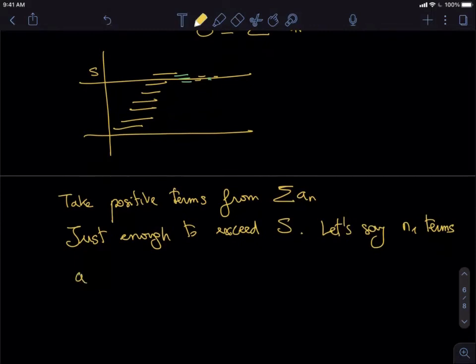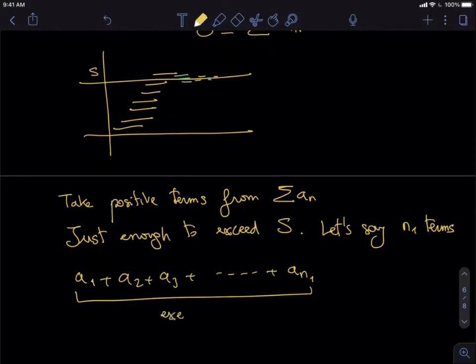So we have our A1, A2, A3, and so on, and we make it all the way up to A n1, and this exceeds S. And this is the first time that we exceed S. S could be a very large number. In fact, it could even be infinity if we want.